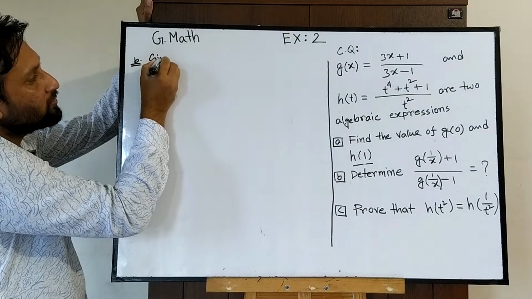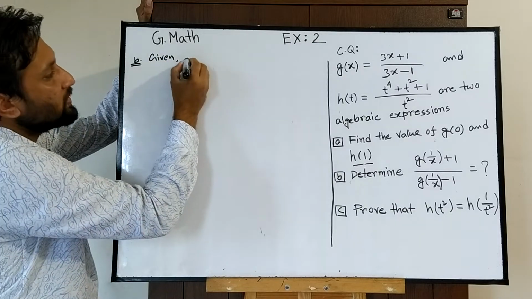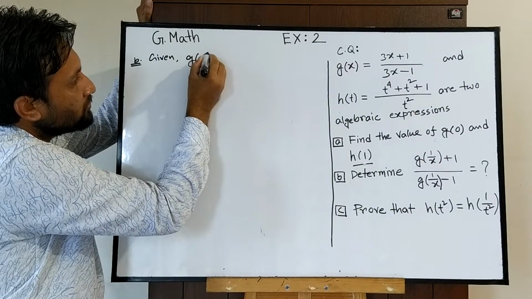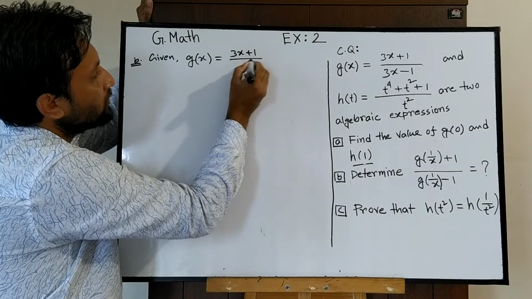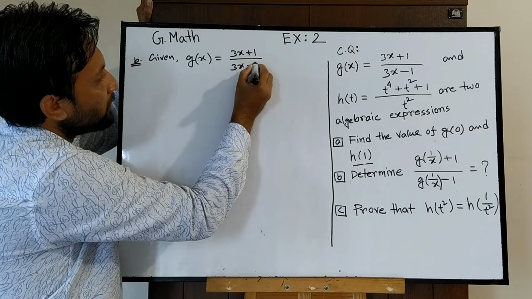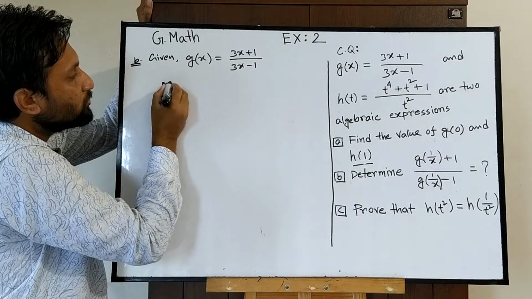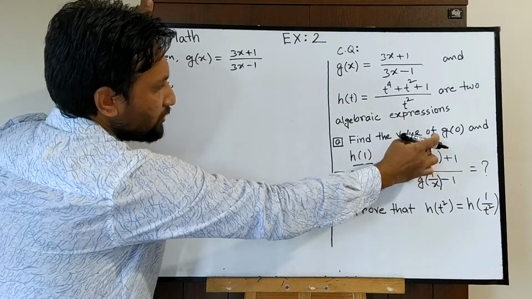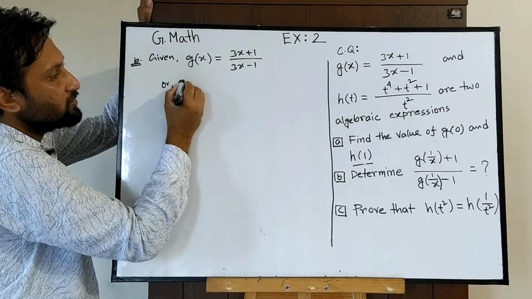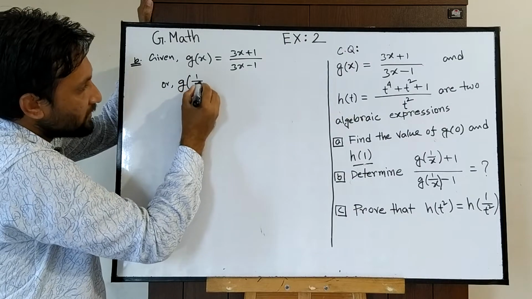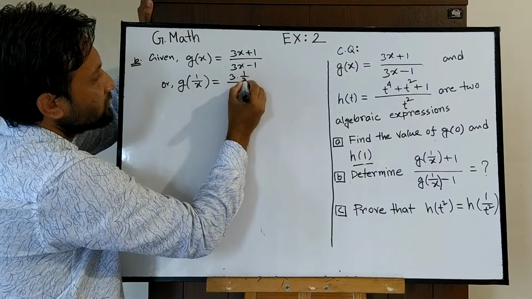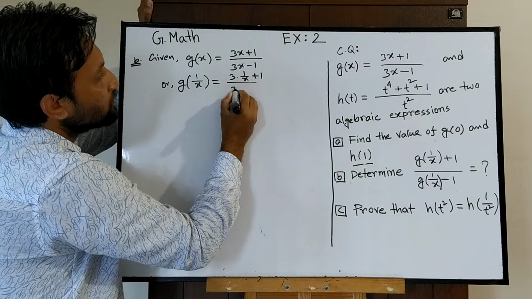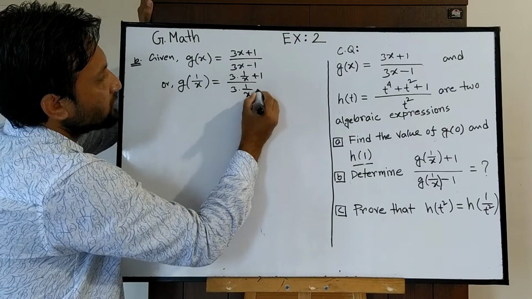B, given g of x equals (3x plus 1) divided by (3x minus 1). Now we have to identify g of 1 by x, that means we take the reciprocal, replacing x by 1 by x in both places. So 3 into 1 by x plus 1, divided by 3 into 1 by x minus 1.